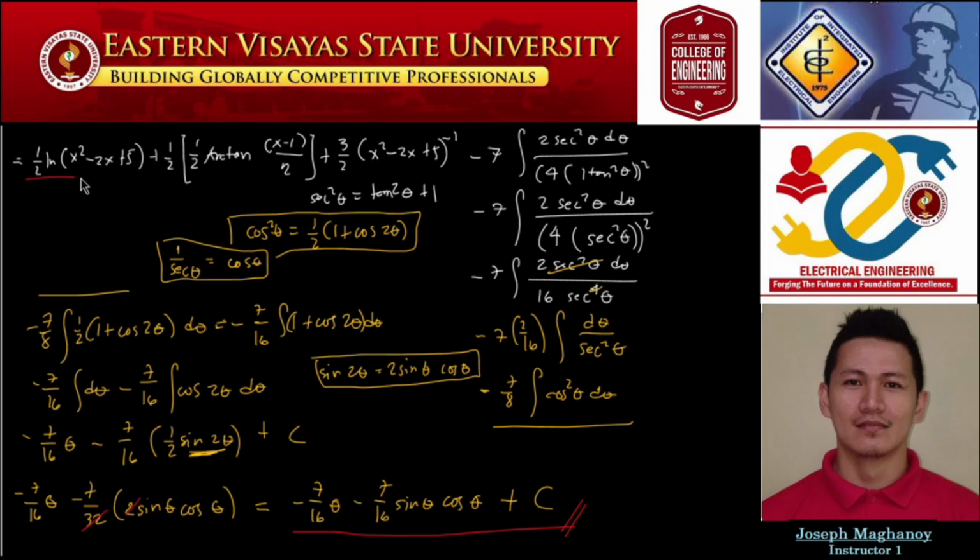So we are complete. We're done with our first term, our second term, and our third term. But we have an unknown value for our theta, so we're not yet done. We still have this theta, this sine theta and cosine theta. We need values for this. Okay, so let's recall.